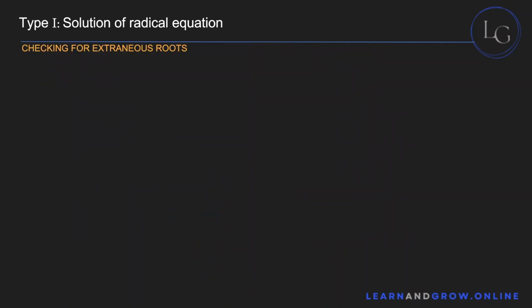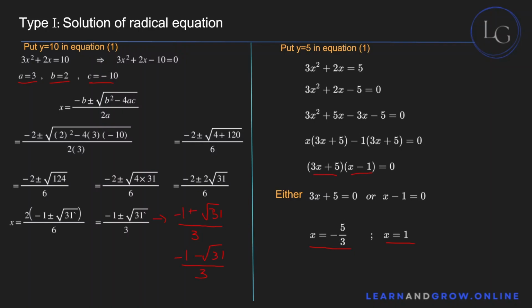Now, extraneous roots. In all radical equations, what you must remember is that they're deceiving. So what that really means is, we found 4 solutions before. Look, this is the first, this is the second solution, this is the third solution, and this is the fourth solution.